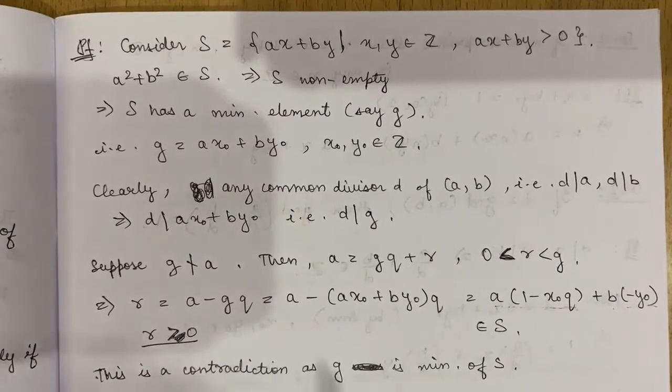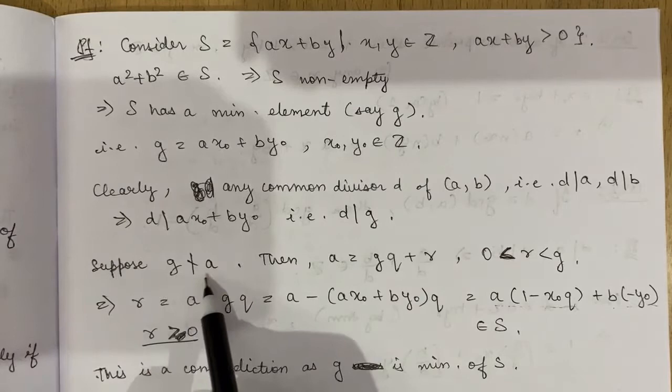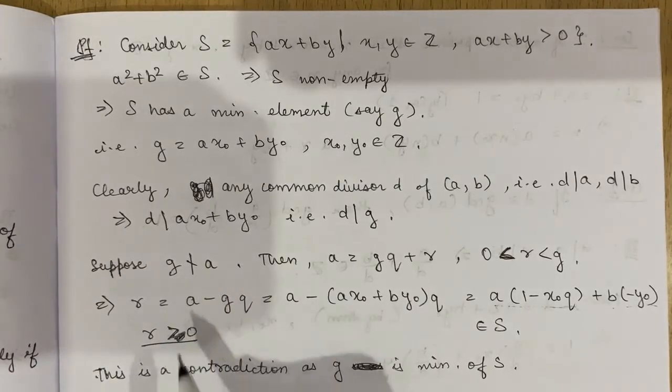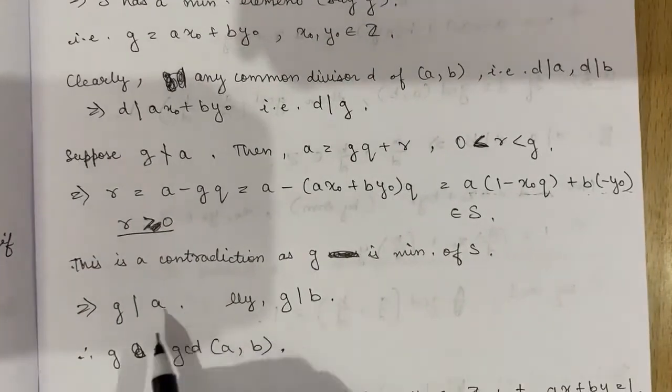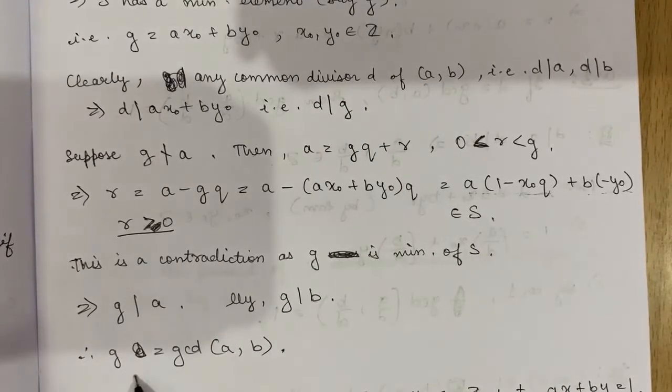So this is a contradiction. The contradiction arose because we assumed G does not divide A, which means G must divide A, and similarly G must divide B, which gives G equal to the GCD of A and B, which completes the proof of existence as well as the linear combination.